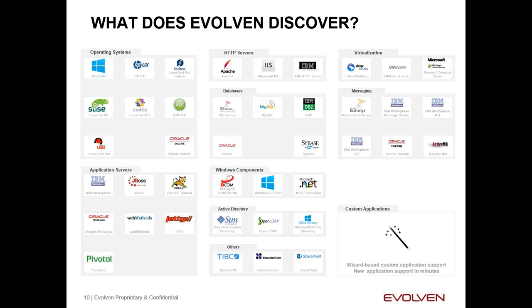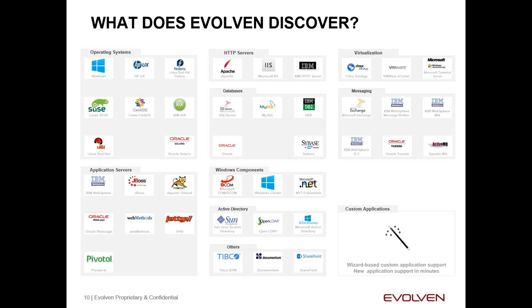In addition to operating systems, it's virtualization information. So whether it's Citrix or VMware or Microsoft, any of these virtualization technologies are also collectible. So you have information both around the operating system as well as the virtualization layer.